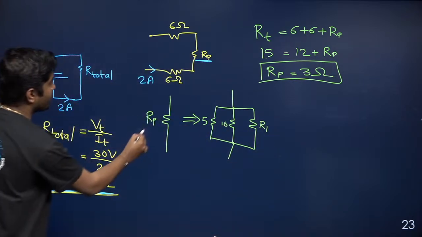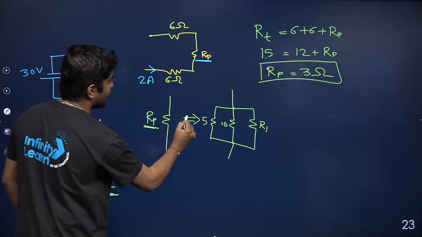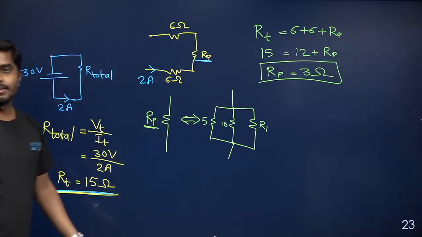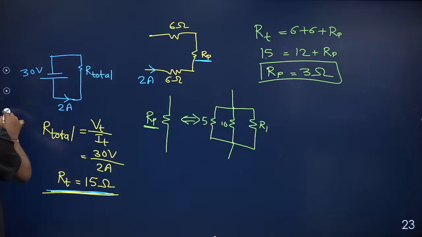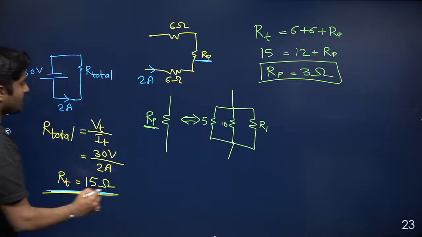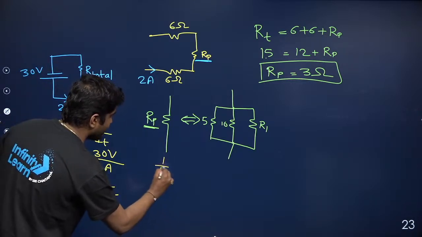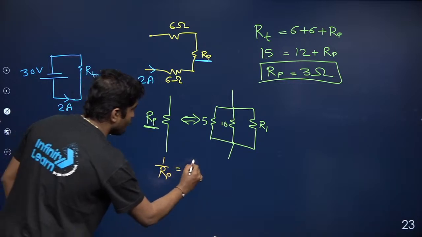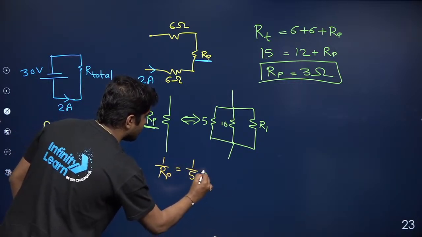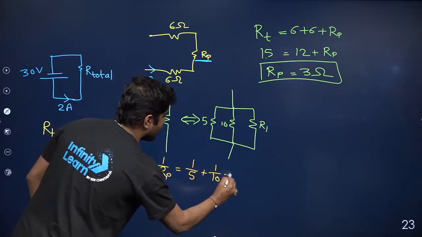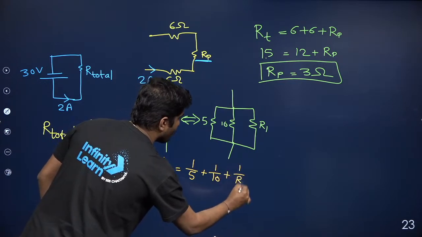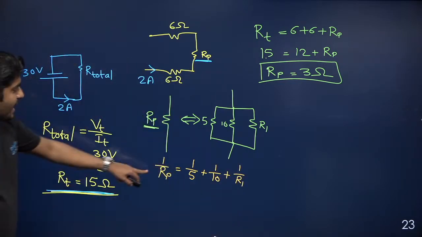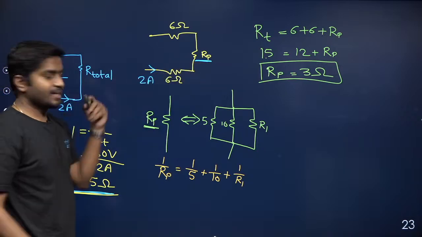This is the symbol for equivalent. Now we can use the formula: 1 by RP is equal to 1 by 5 plus 1 by 10 plus 1 by R1. But what is RP? RP is given as 3.